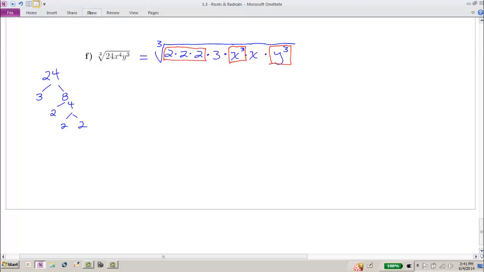So what we're going to bring out is a 2, an x, and a y. And when you bring out multiple factors, they're actually factors, so they'll be multiplied. We have 2xy. And we have the cube root of, and what we have left inside is a 3 and an x. So our simplified form is 2xy times the cube root of 3x.